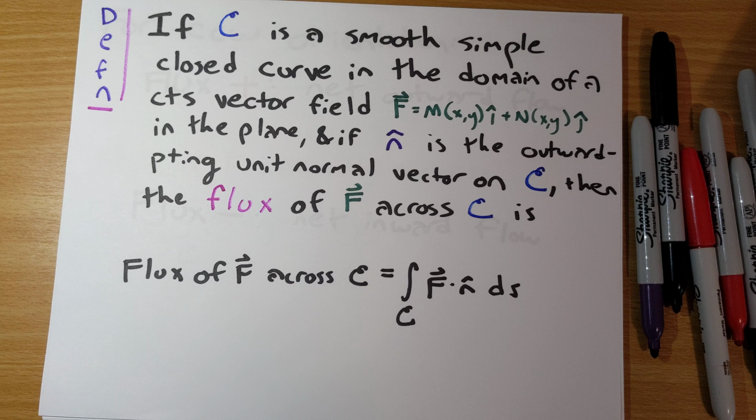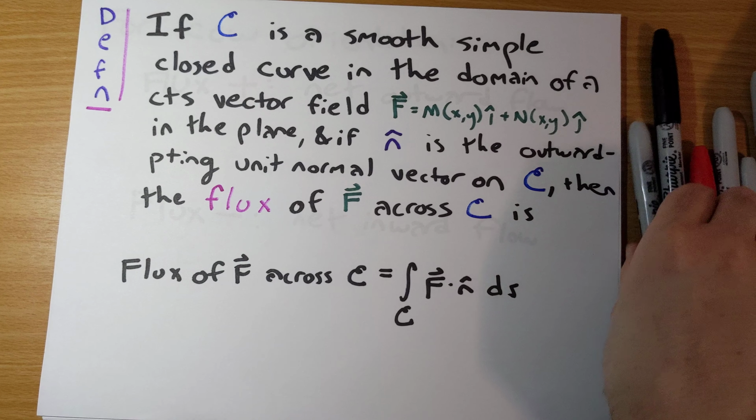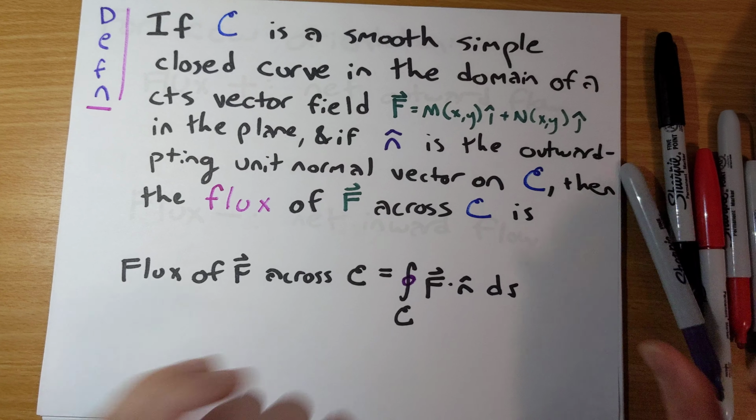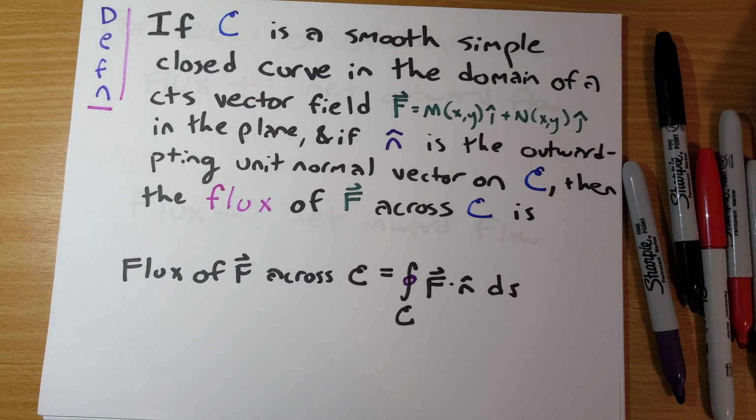Here's our formal definition. If C is a smooth, simple closed curve in the domain of a continuous vector field F, where F is m of x,y times i hat plus n of x,y times j hat in the plane, and n hat is the outward pointing unit normal vector on C, then the flux of F across C is the integral over C, and I'll put a loop here to say it's a closed loop, of F dot n ds.